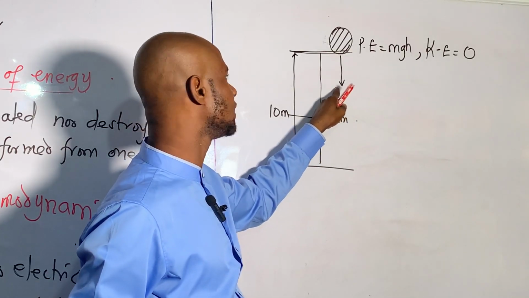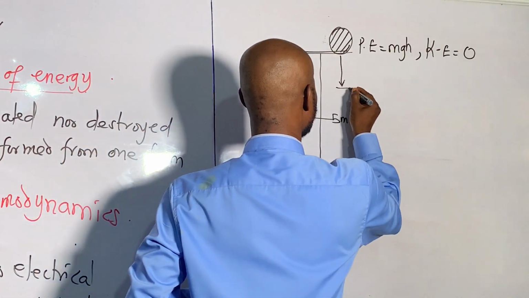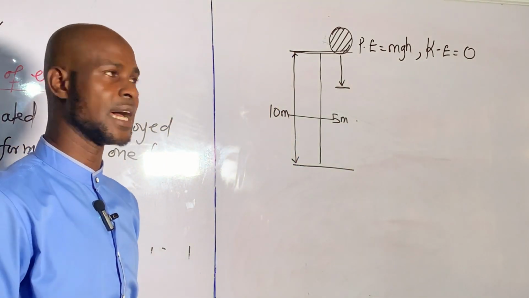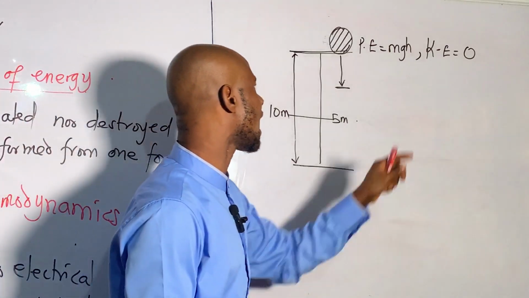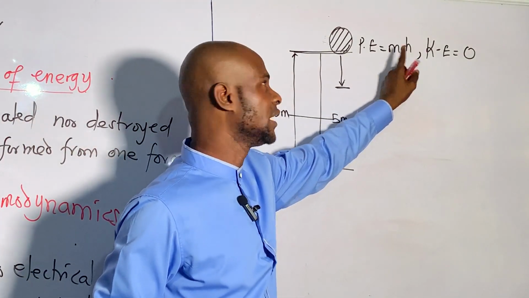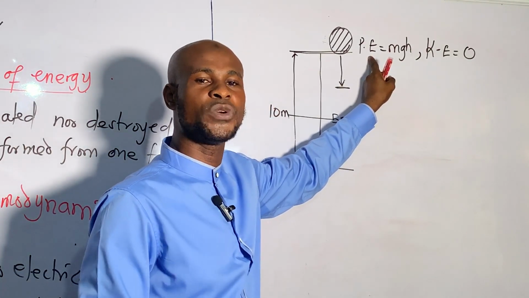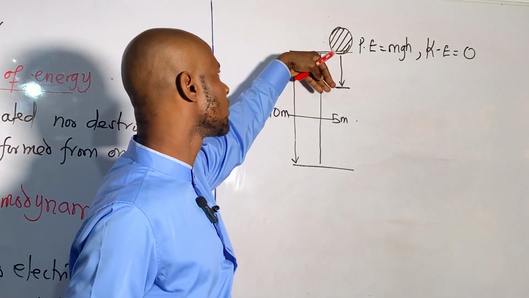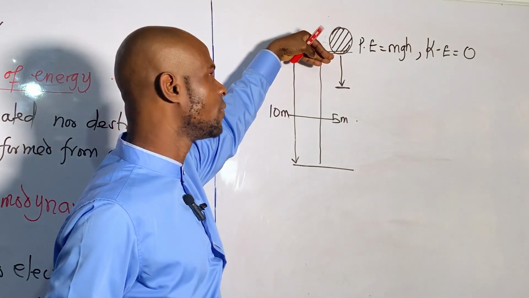So at this place, let's say the height is reduced to like 7 meters. So definitely, if the height is reduced from 10 to 7, the answer for my potential energy will reduce. So as the object is coming down, the potential energy of the object reduces.